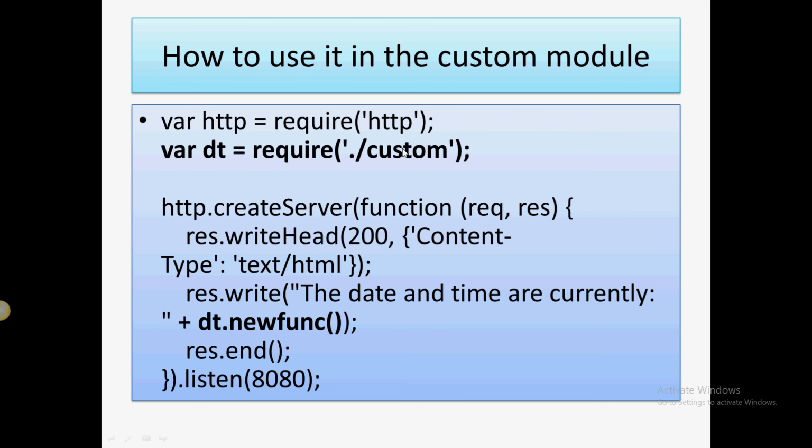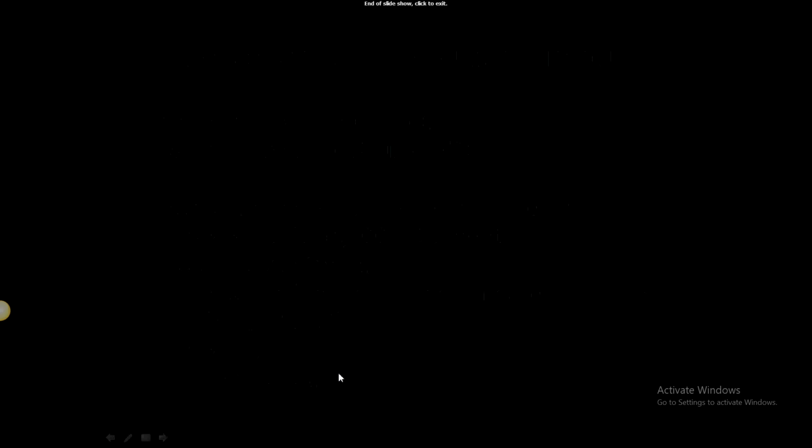It's very simple. You just have to include that particular file, and since you have used exports, you can access that function outside the file also, so you can directly call that function using this dt variable. And again listen on the port number, so you can assign any port number.